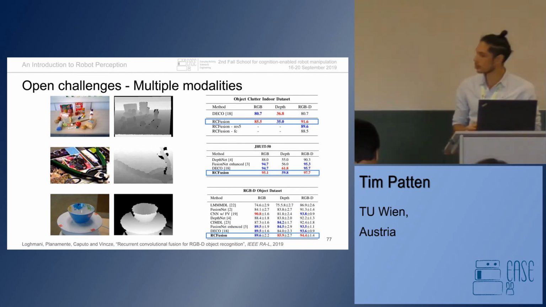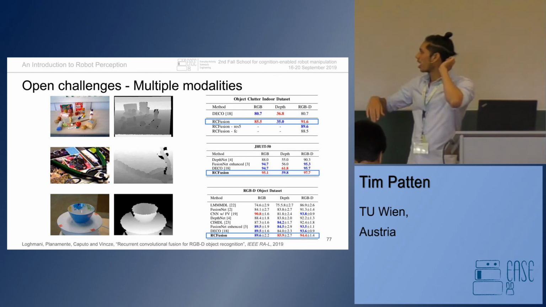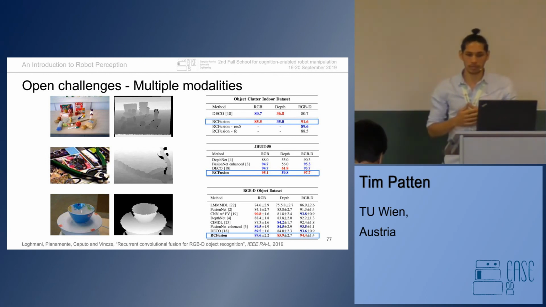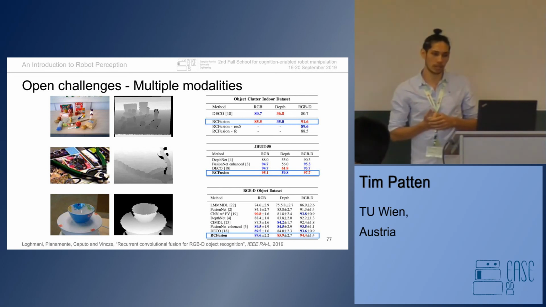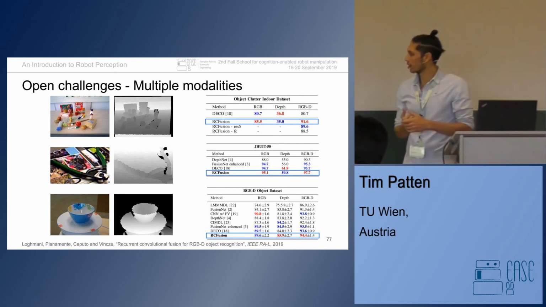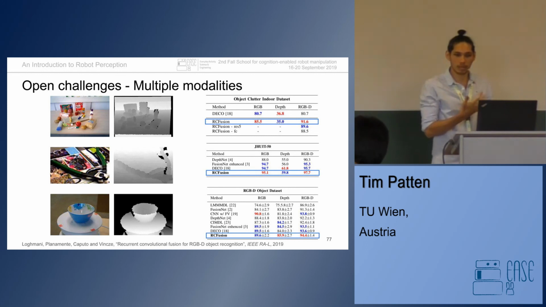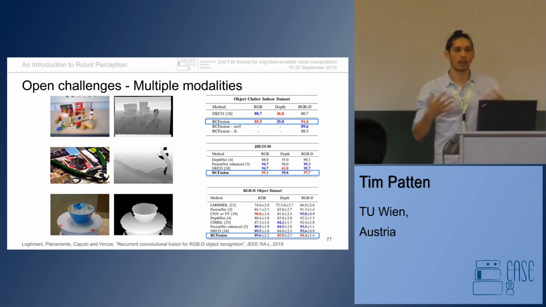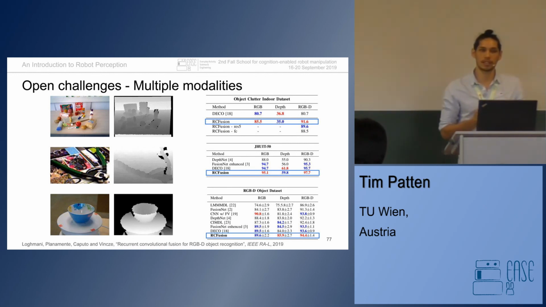Just looking at this column, you can see that RGB is between 80 and 90%, depth is kind of varied depending on the quality of the depth. But when you combine them together, the performance isn't a really great boost. So at the moment we're not really exploiting or complementing the information from different modalities well enough.